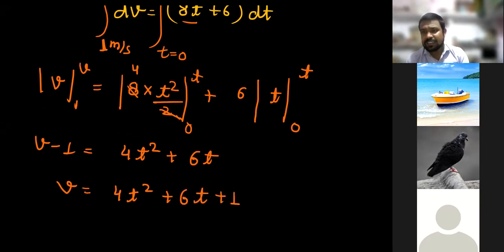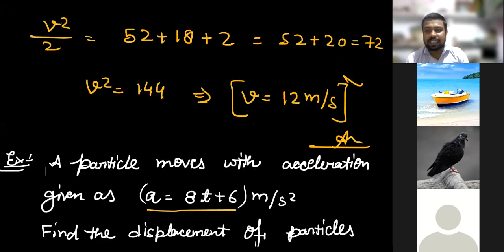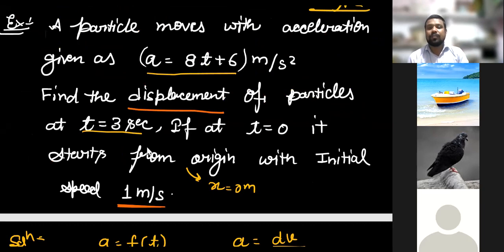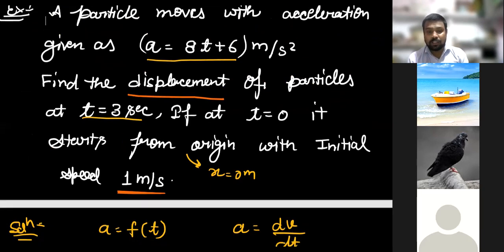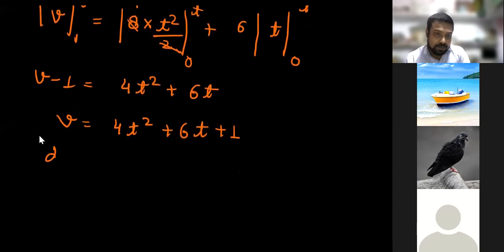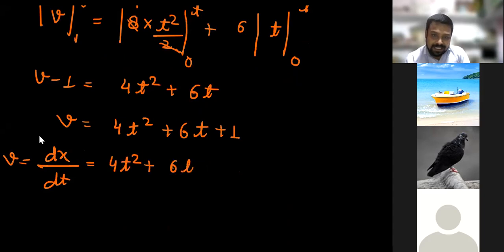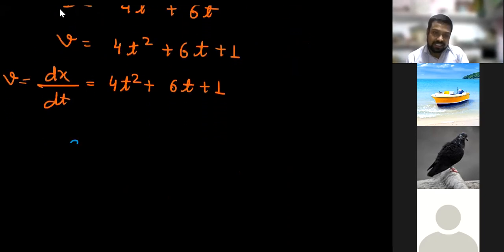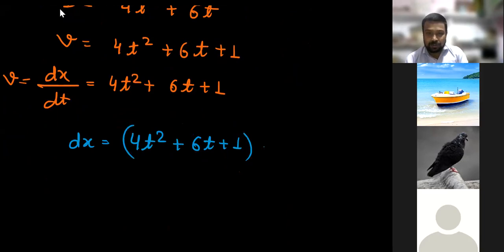So my dear friends, let us see about the question. The question is asked about displacement, not velocity, not speed. So again differentiating this function, because as we know, v is equal to dx over dt. So here v is equal to dx over dt, which is 4t square plus 6t plus 1. Taking again the cross multiplication, dx is equal to 4t square plus 6t plus 1 into dt.